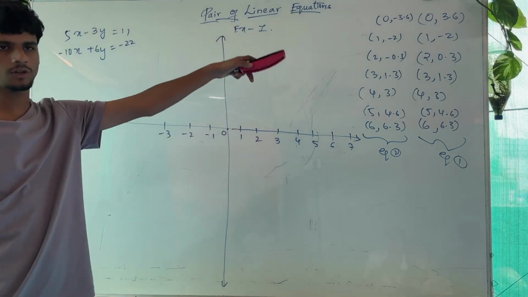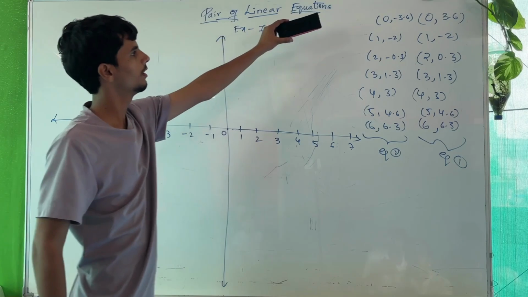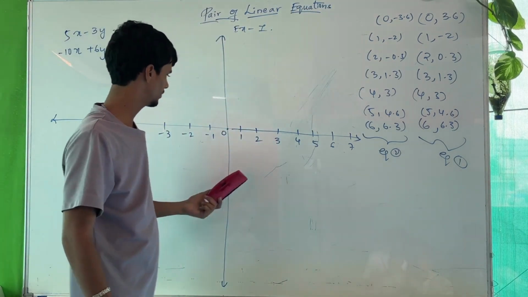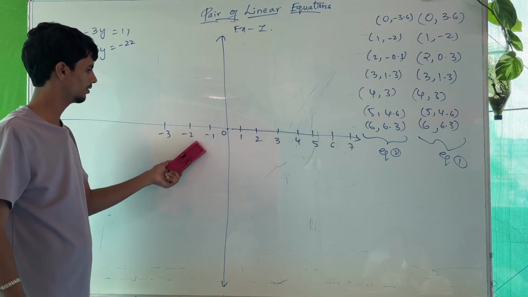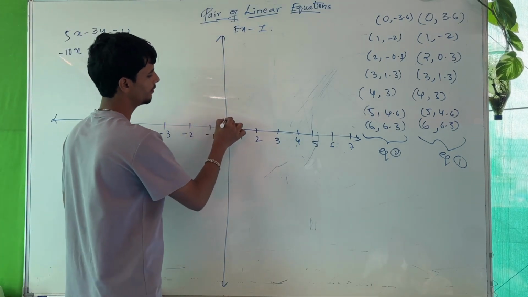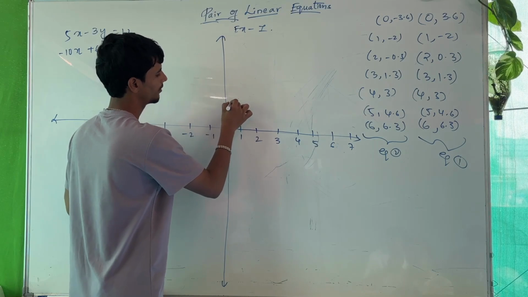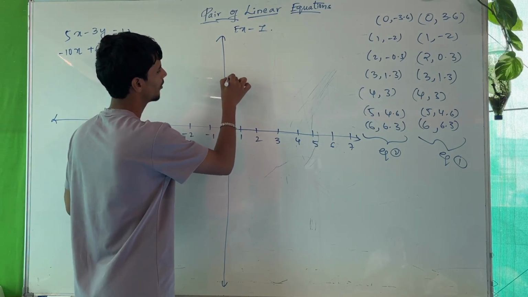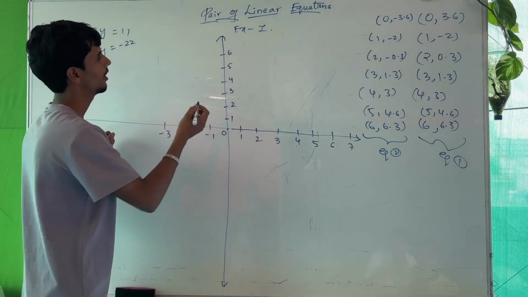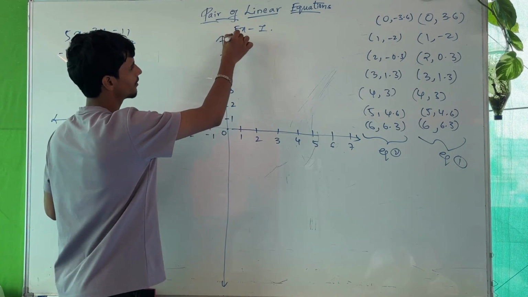Negative values we didn't take on the x, so we don't need to plot all the values. Next on the y-axis, 1, 2, 3, 4, 5 and 6. That's enough, and more than 6 is also there, right? 7.